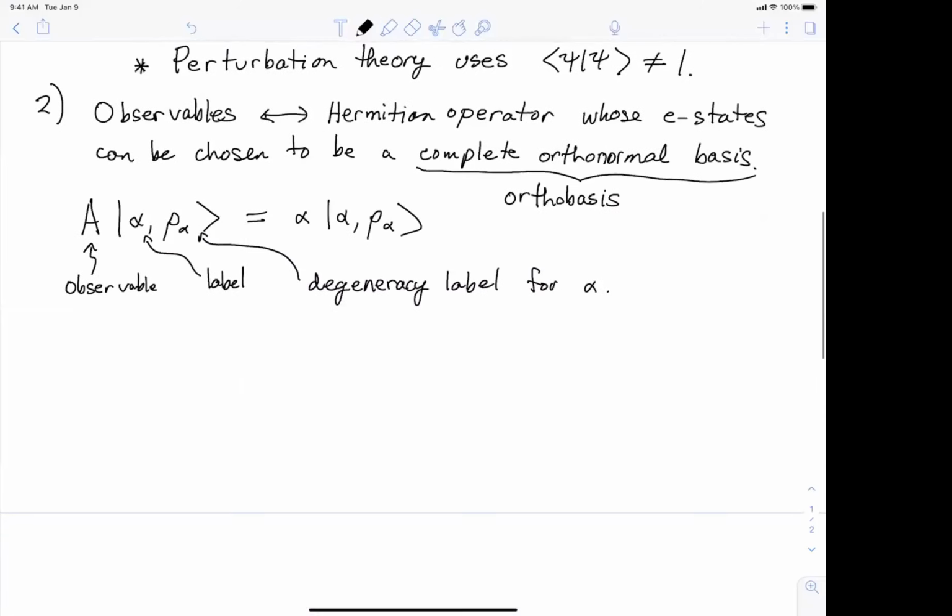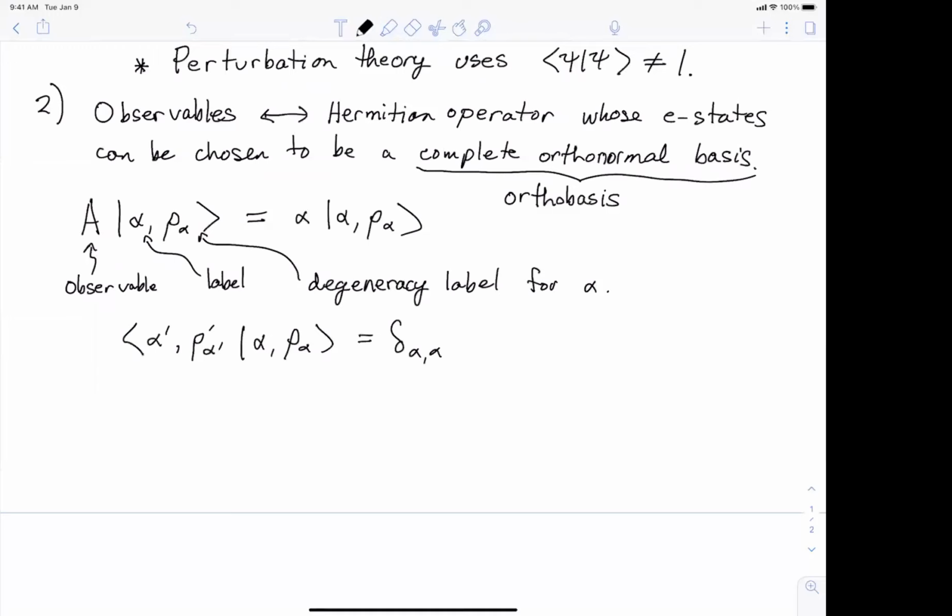Okay, and so those are the eigenstates, and orthonormal means they have to satisfy this, that if I take the inner product between any two of them, I'm supposed to get 1 if and only if all the labels are the same.